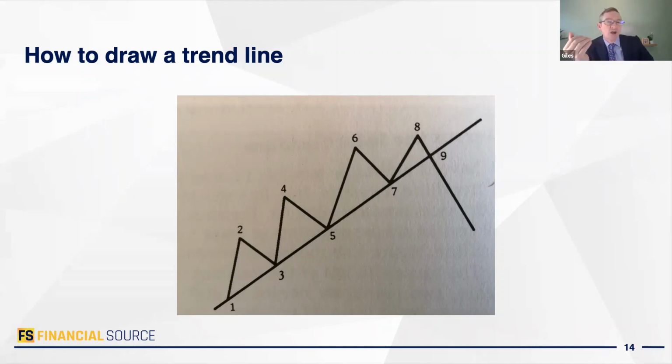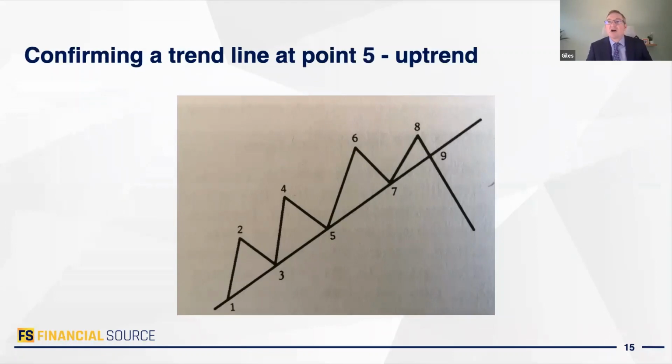Because I'm a shorter term trader, moving in and out of the market more quickly, I prefer to use a trend line where, once we're halfway up to the previous high at 2, I consider that point at 3 sufficient for a possible trend line. So once I've drawn 1 and 3, a trend line is only confirmed when you have a move back down to 5.